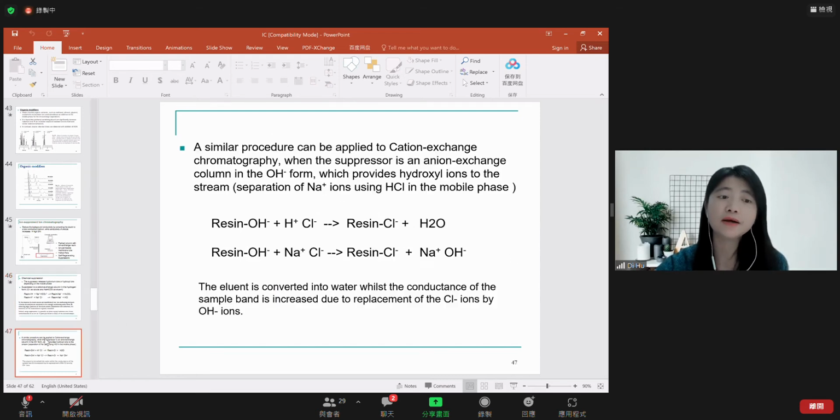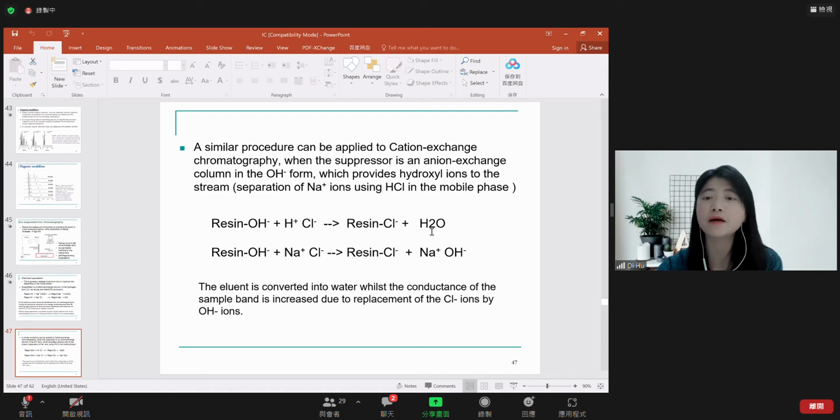And for cation exchange chromatography, it's the opposite. The suppressor is an ion exchanger in hydroxide form, OH, right? Because it replaces the acidic eluent in the mobile phase, it replaces chloride, and by that way, the background, the mobile phase, which was a strong acid, very conductive, hydrogen chloride, now becomes water, which is much less conductive.